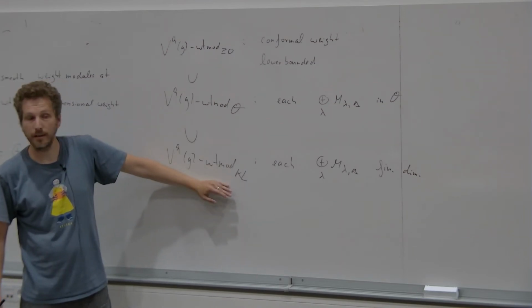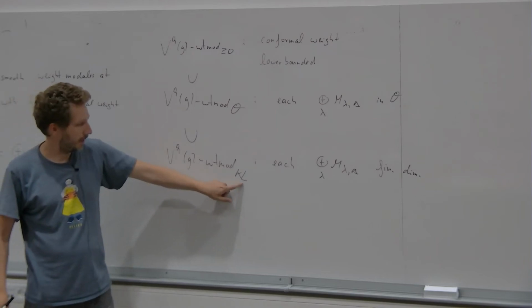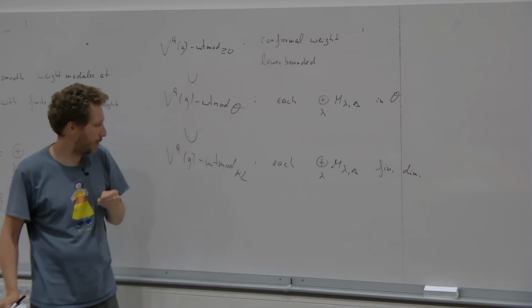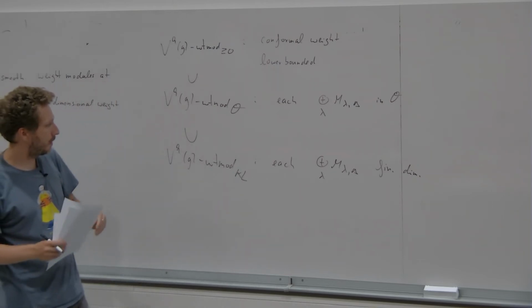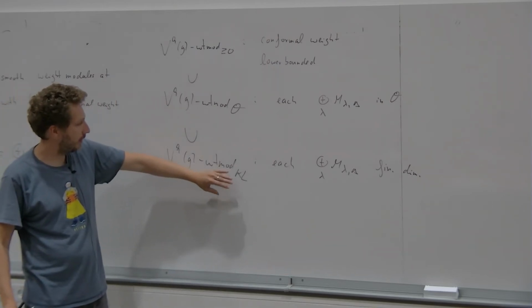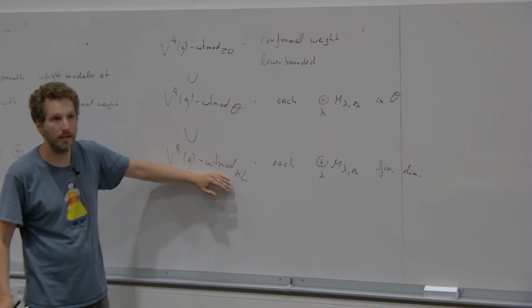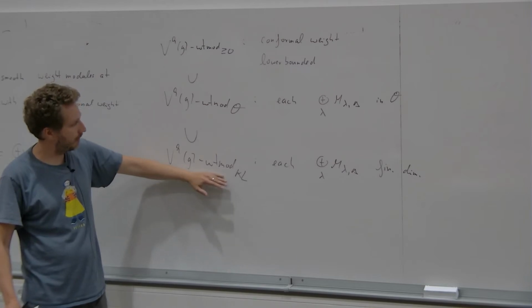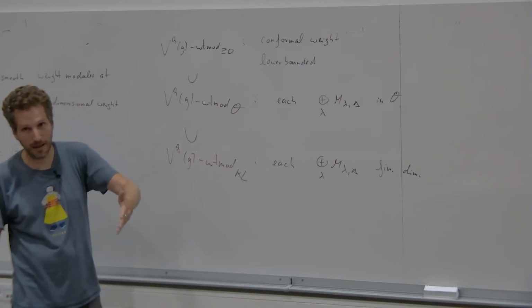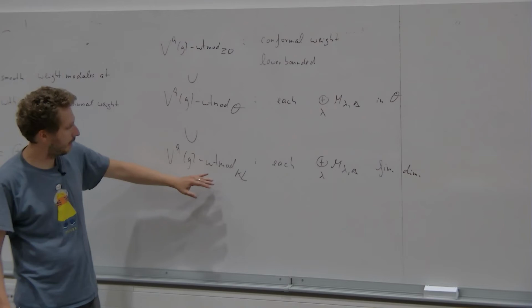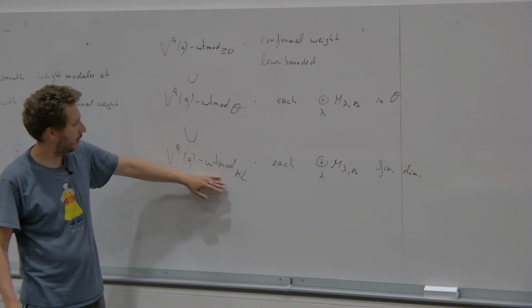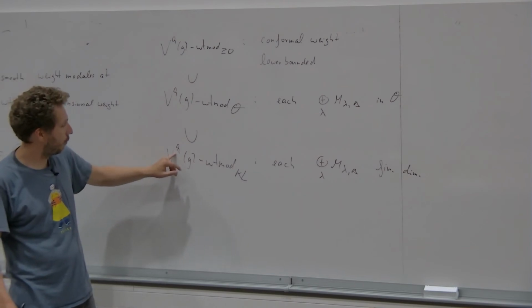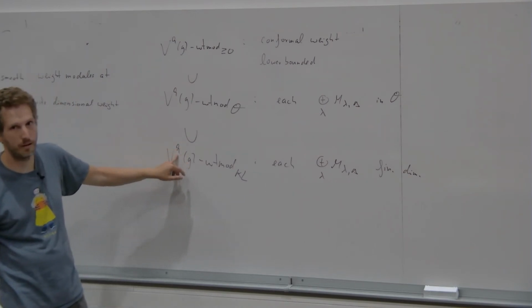And in fact, in the 90s, Kazhdan and Lusztig wrote a series of four very influential papers where they showed that on this category you have a tensor category, a braided tensor category, and moreover this braided tensor category has duality and is equivalent to the category of the corresponding quantum group, where the q parameter depends on the level in a certain way.